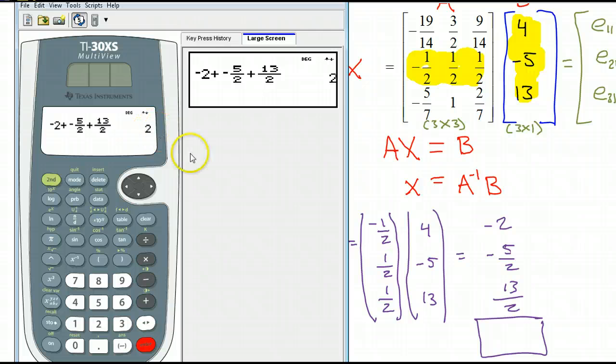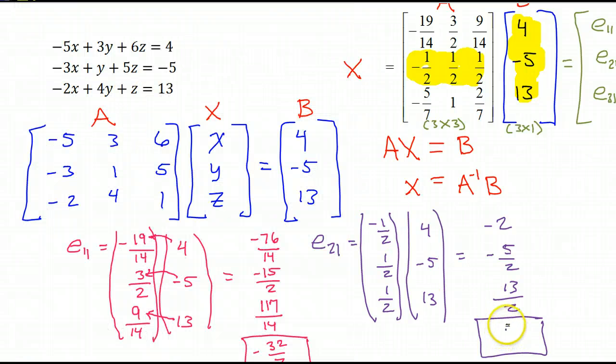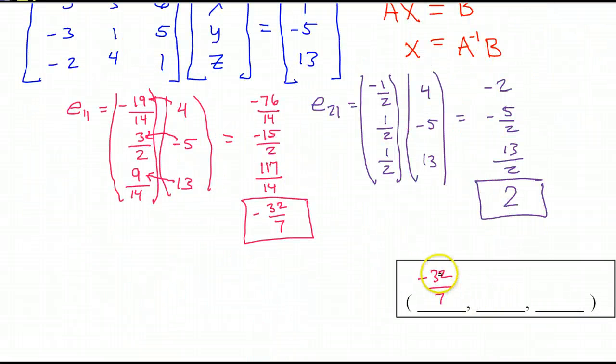So that gives me 2. So I've got negative 32 over 7, and I've got 2 so far. One more to go.